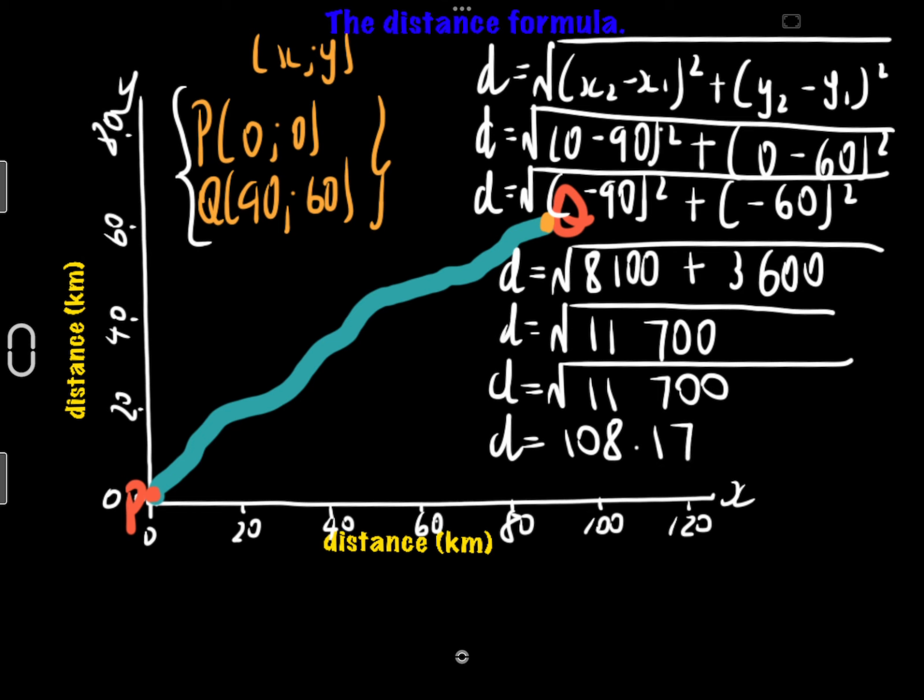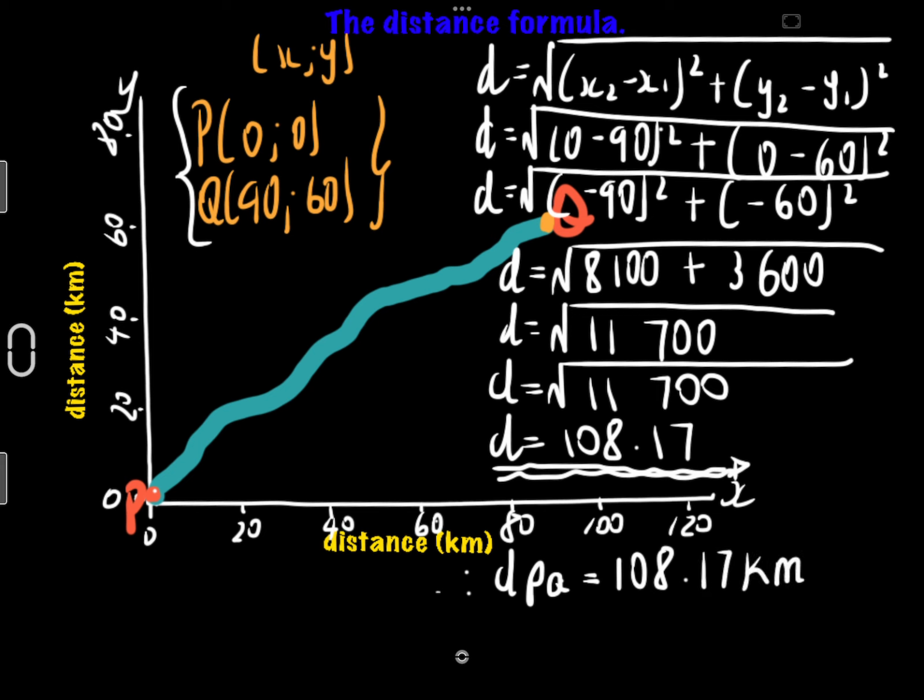Okay, now that is the distance from P. In other words, therefore, the distance from P to Q is equal to 108.17 kilometers.